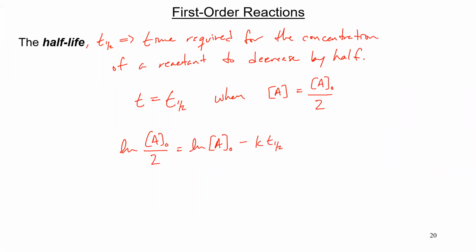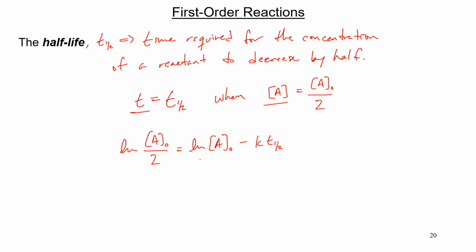Okay, so this is using the same exact equation that we used for the last problems, except making this substitution and this substitution, right? Instead of the concentration of A, if we're at exactly the half-life, the concentration of A is exactly half of our initial concentration. And if we're exactly the half-life, the time is equal to the half-life.